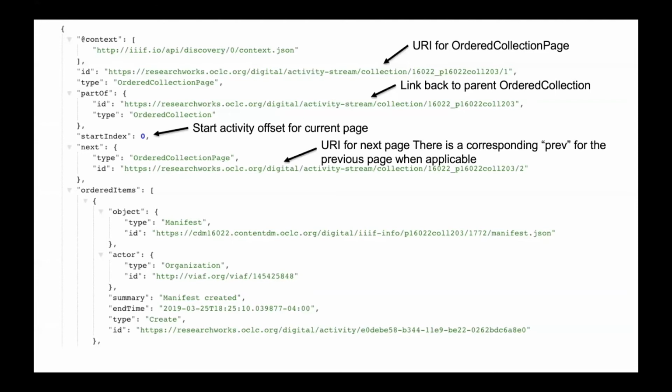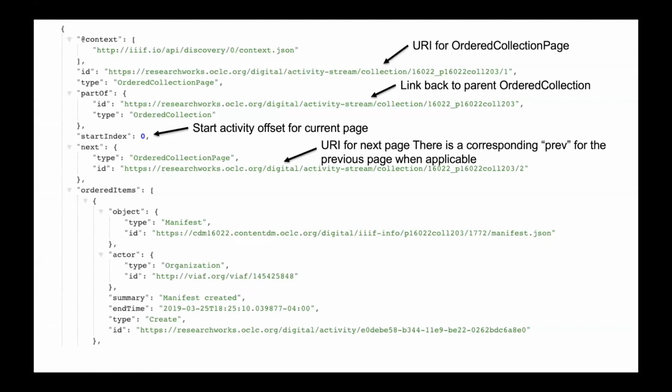Then you have this next field, which tells the crawler what the next page in the stream is. But for the purposes of crawling, because Rob mentioned that to do a crawl you want to start at the last page and work your way back, there's a corresponding prev field in the JSON that points to the previous page.